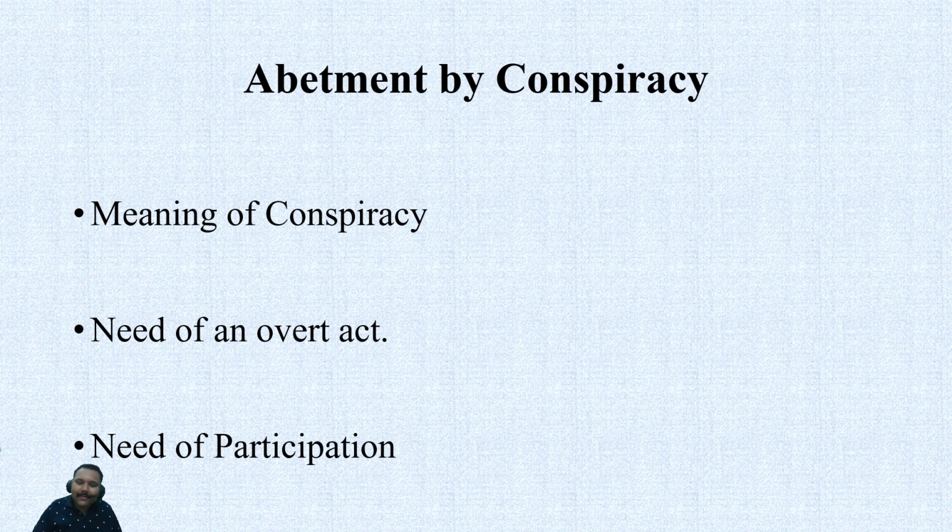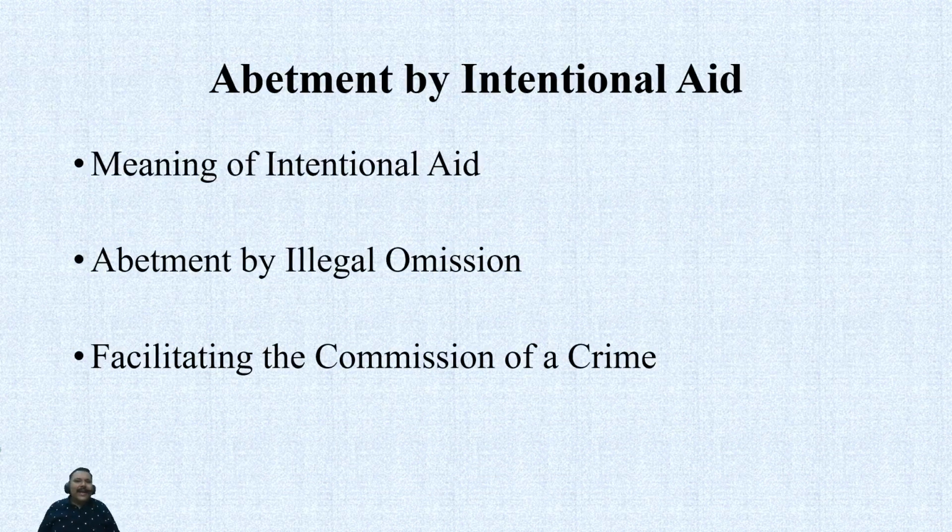Okay, abatement by conspiracy. Intentional aid we discussed. Intentional aid means facilitation of the commission of the offense. Abatement can also be made by illegal omission. If it was your duty to do something and you failed to do that, it means you have done abatement by illegal omission.